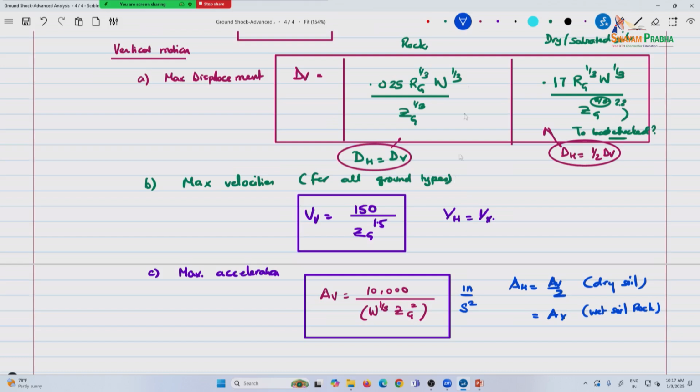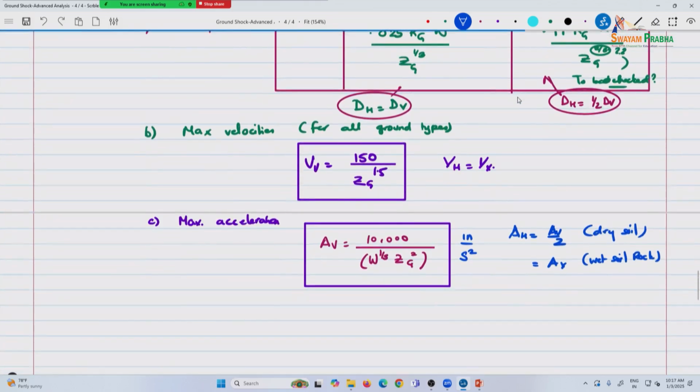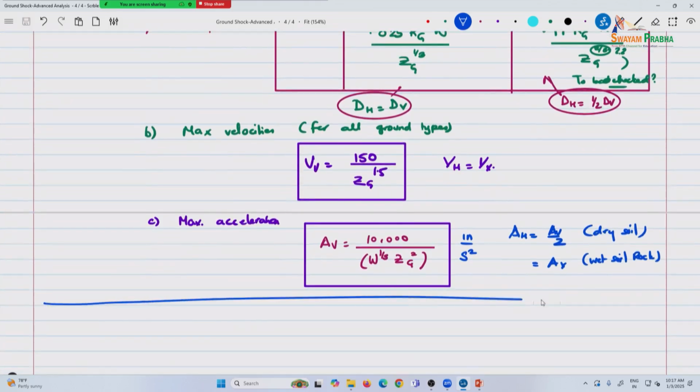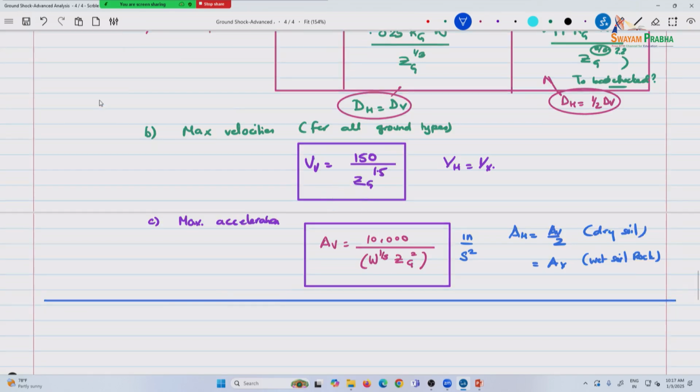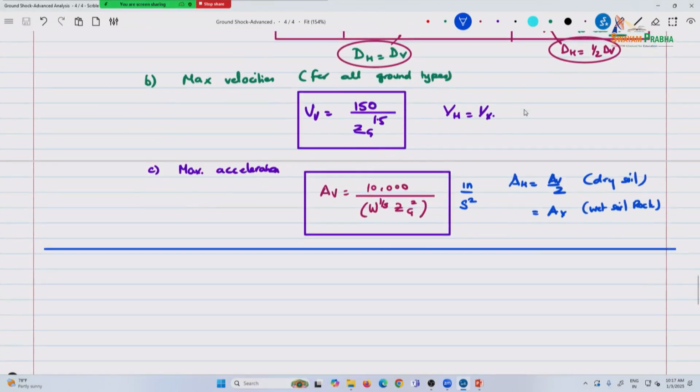I have a problem which we'll take up now. So what we are doing out here is taking these values and using them for an analysis.